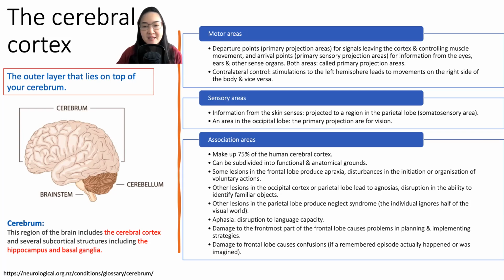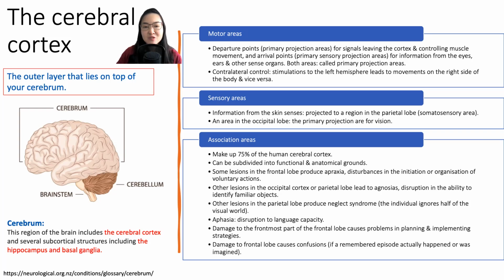Other lesions in the parietal lobe produce neglect syndrome. The individual ignores half of the visual world. For example, if that person eats, he or she eats only half of the plate, just the left or the right side.